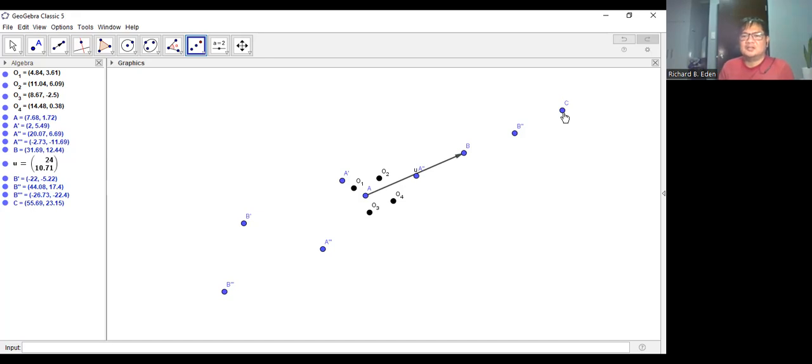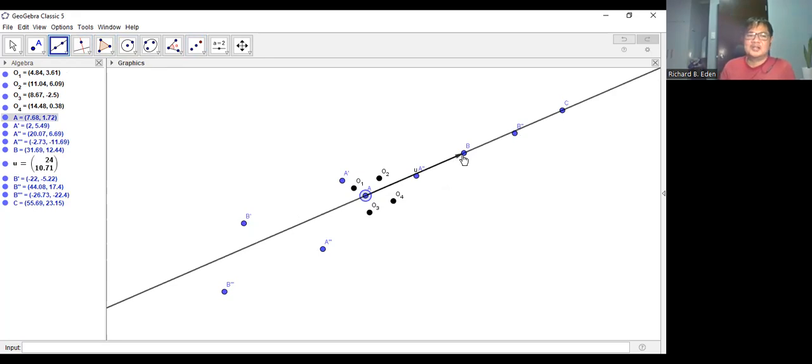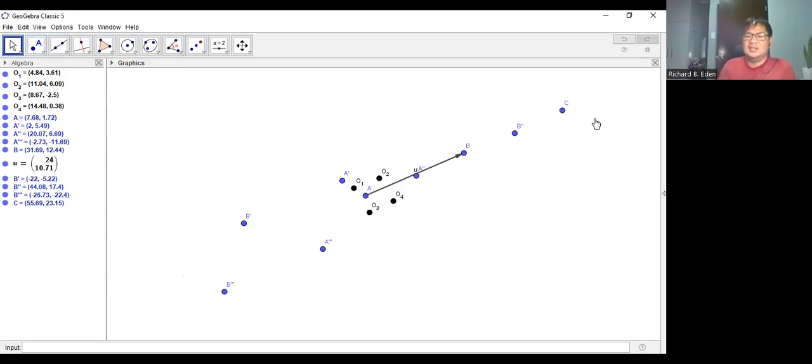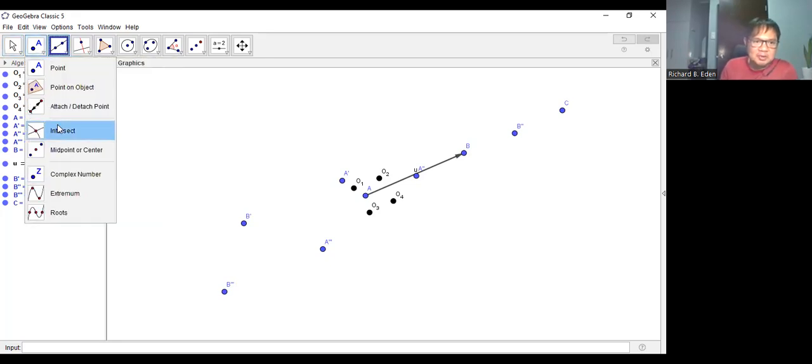As you can see, A, B, and C are collinear. So that we can check if from A to C is twice the vector there, that's the same as verifying that B is the midpoint of A and C. So I'm going to use the midpoint function.